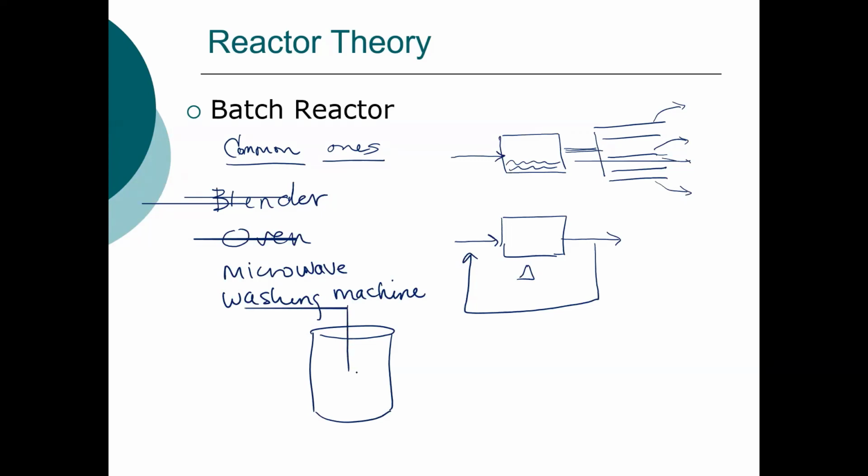We then mix it well. And then during that period of time, some reaction occurs. In the case of a smoothie, it would be a physical reaction, but some change occurs, and we then take that material out in bulk.